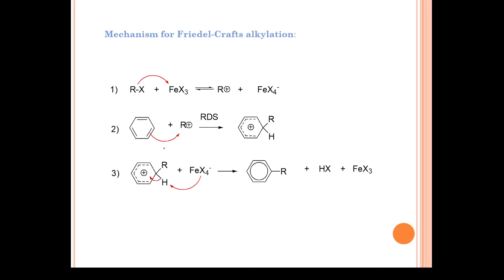But there's an issue with Friedel-Crafts alkylation. Once I add a carbon chain, okay, once I add this, the rate of reaction goes through the roof. Actually, a carbon is a benzene activator.